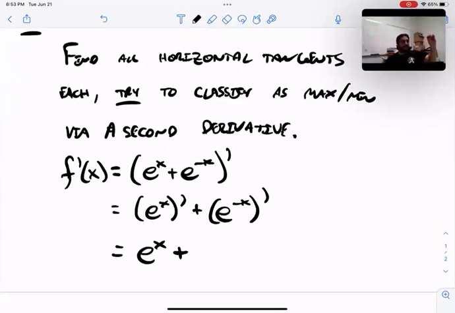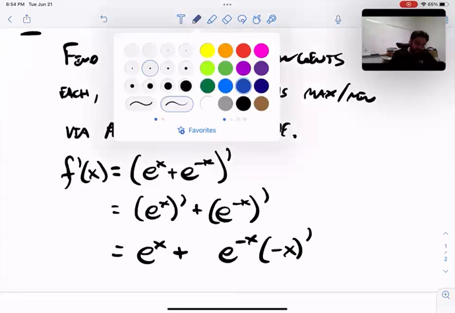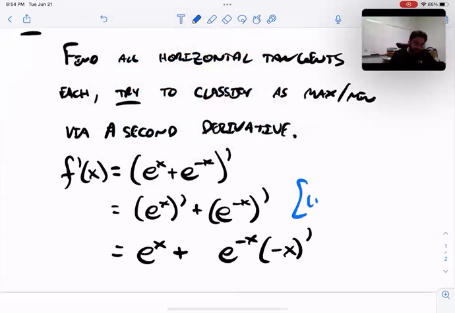The derivative of e to the x is e to the x. The second formula is a chain rule. This first step was because of linearity, the fact that derivatives distribute over addition or subtraction. This was by chain rule.